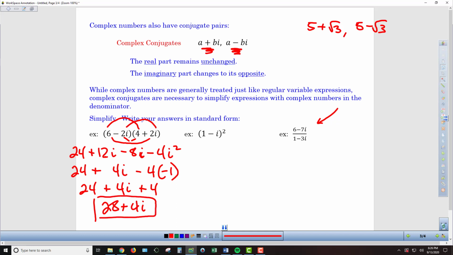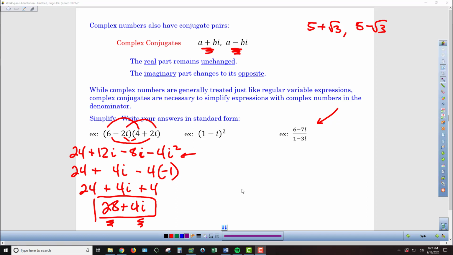So we just use our regular FOIL techniques. We treat i as if it's just a regular variable for all of that work. It's just at the end, after we've done the FOIL, that we have to treat that i squared as a -1 and then simplify our expression that way. And then we write our answer in this a plus bi format, with the real part first and the imaginary part coming second.